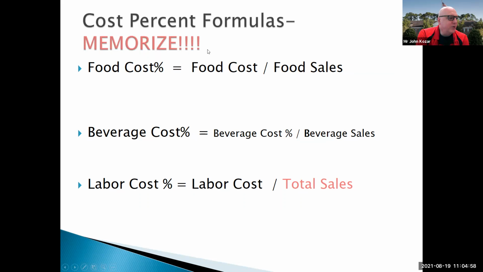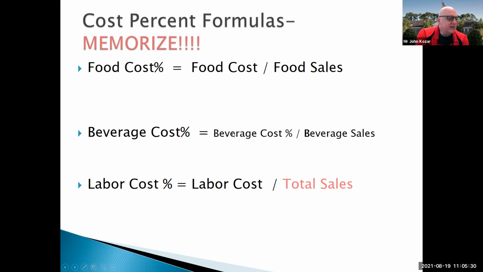So we have some formulas. These need to be memorized, but you can also create a cheat sheet for this class. You can have a sample on the Moodle page of some things you would include on your cheat sheet. But these things you should really know off the top of your head. Food cost percent is going to be equal to your food cost divided by your food sales.